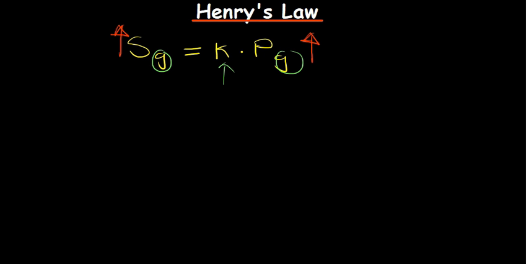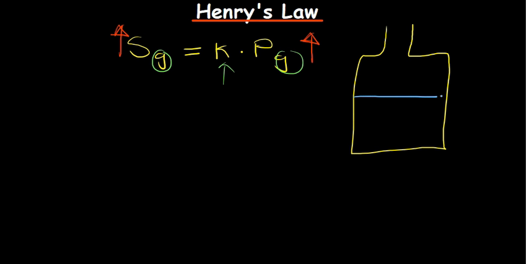So picture this. Let's assume this is a bottle. Don't mind the drawing. And then we have water, to that level, and then the top part occupied with carbon dioxide. Now assume you begin pumping more of the carbon dioxide into the container.